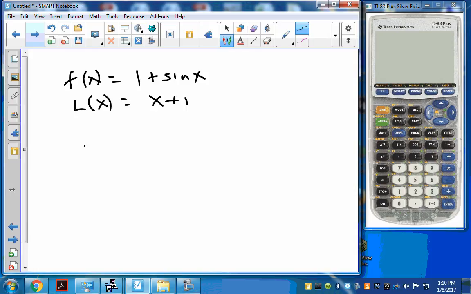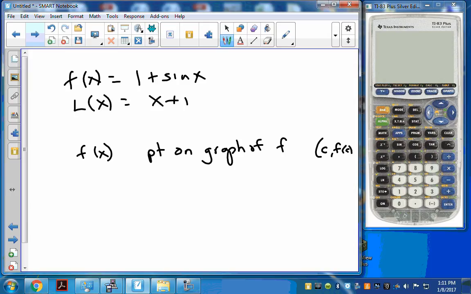And so we have f of x, we have a point on the graph of f, and we'll call that c, f of c.